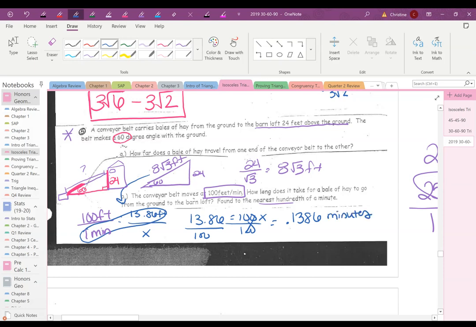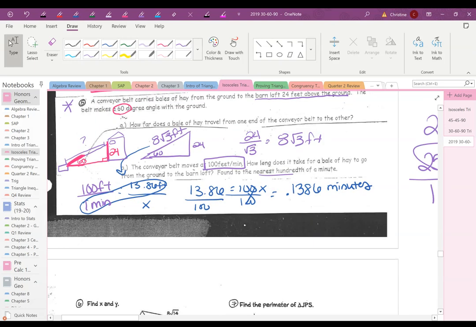Now, I know that the question says, find the answer to the nearest hundredth of a minute. But let's just put this in a context that we can understand, because I can't understand what 0.1386 of a minute is. But I know a minute is 60 seconds, and maybe I can understand seconds better. So if I take 0.1386 of 60 seconds, I'm just converting 1 minute to 60 seconds in my head.